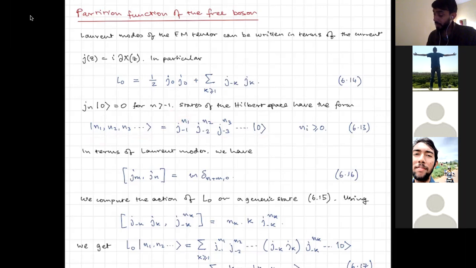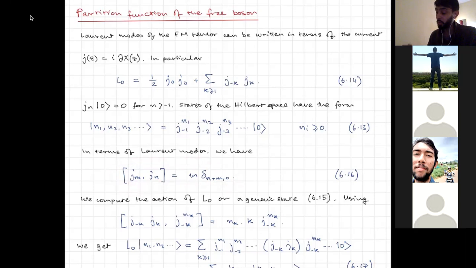So remember that if you were to write down the algebra of the J's, then Jn with Jm gives you m times delta n plus m, 0. Remember that if you were to get to the harmonic oscillator algebra, you need to get some m's and n's.